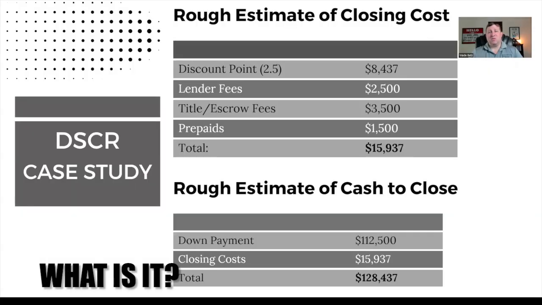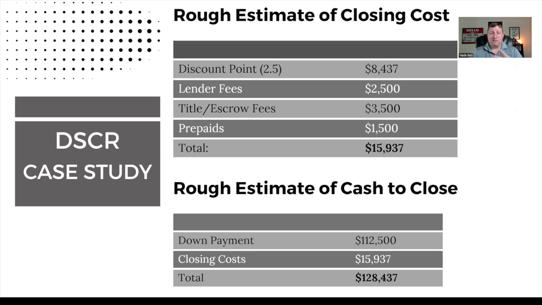You might be asking yourself, what does this cost? It's actually pretty similar to traditional investment financing like you might get from Freddie Mac or Fannie Mae. There are basically 3 groups of cost: lender fees, title fees, and prepaid expenses. The main difference with DSCR is that these typically have a couple of points associated with them.